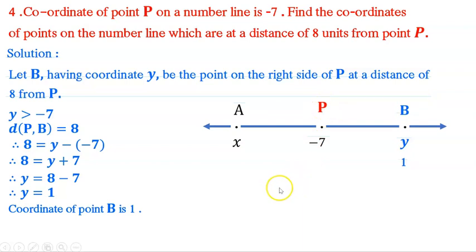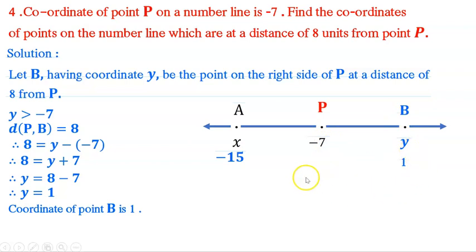P च्या लेफ्ट हँड साइडला असणारा रिक्वायर्ड पॉइंट कोणता आहे, तर -15 which is at a distance of 8. P च्या राईट हँड साइडला असणारा पॉइंट कुठला आहे, तर तो B आहे. त्याचा कोऑर्डिनेट किती आहे, तर 1 which is at a distance of 8.